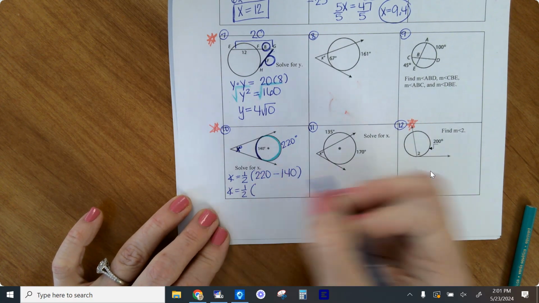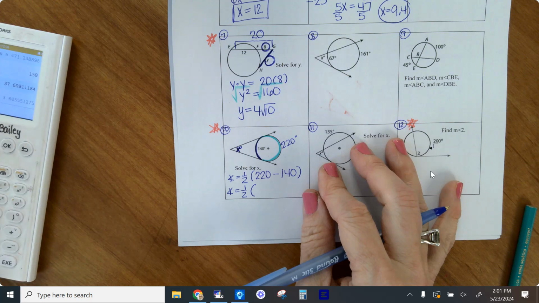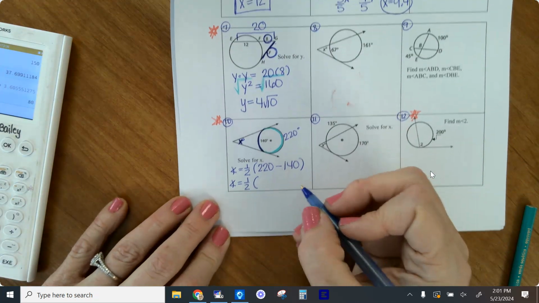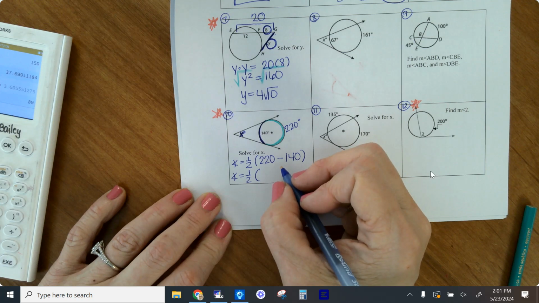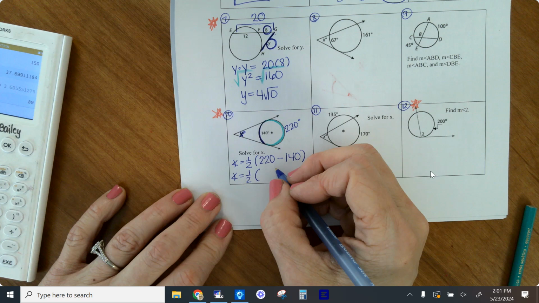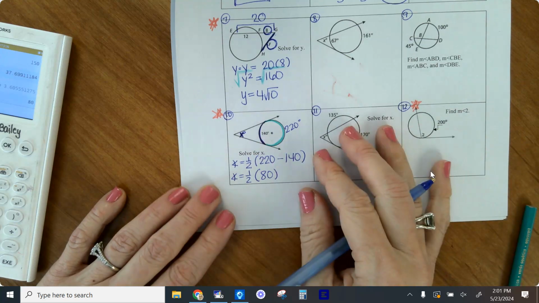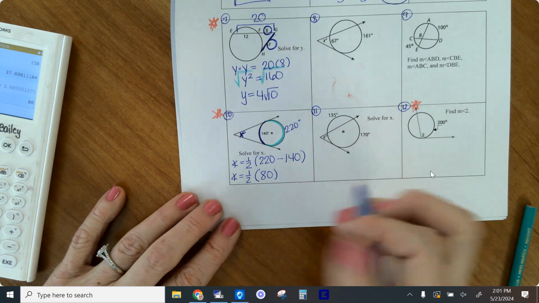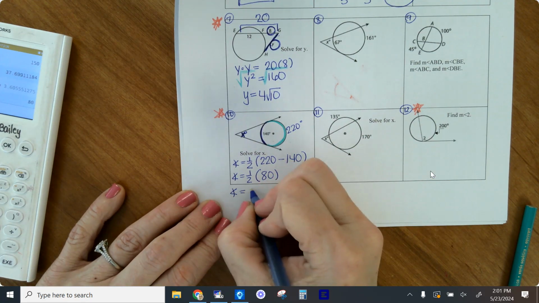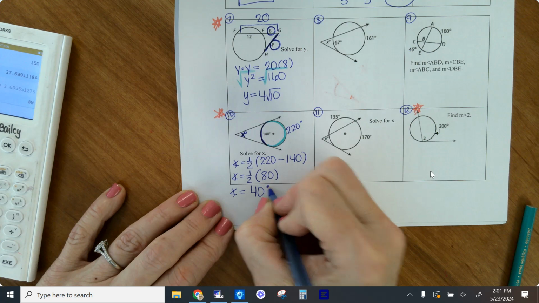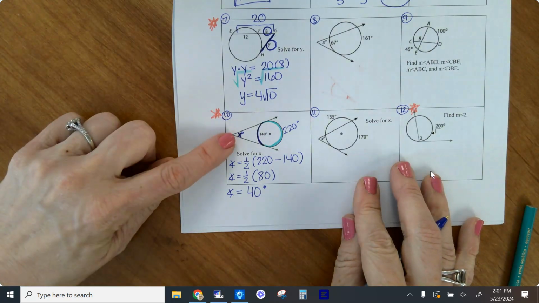So 220 minus 140. What do you get? Now think in your mind, what's half of 80? 40. So that angle out here is 40 degrees.